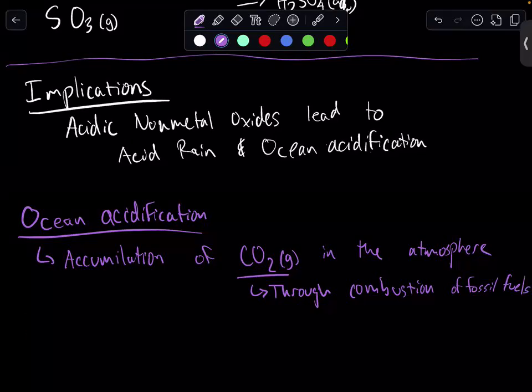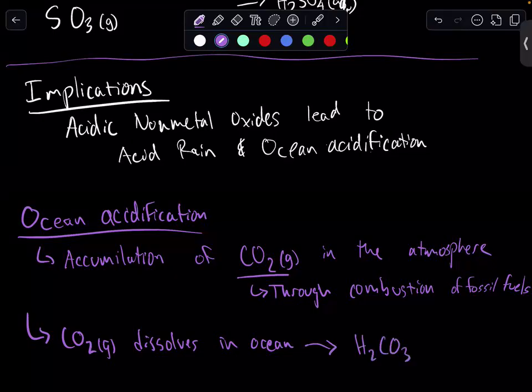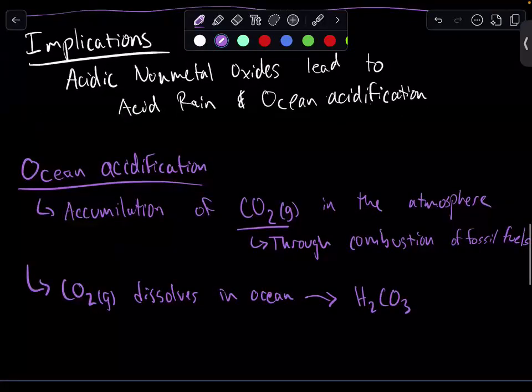Now, what happens is the CO2 dissolves in the water of the ocean, and then it reacts to become carbonic acid, H2CO3. Now, that carbonic acid will then react with seashells, mollusks, and coral.